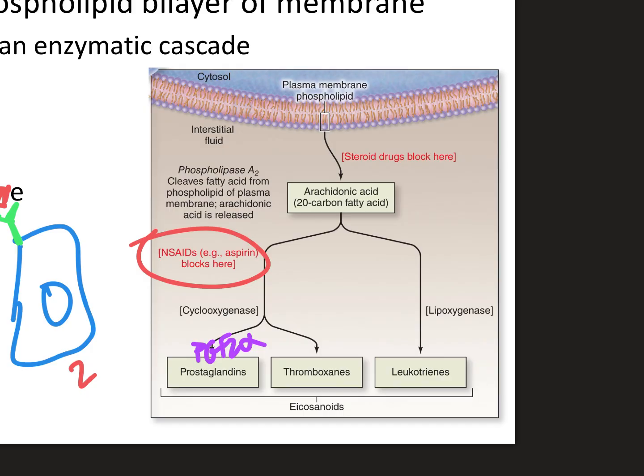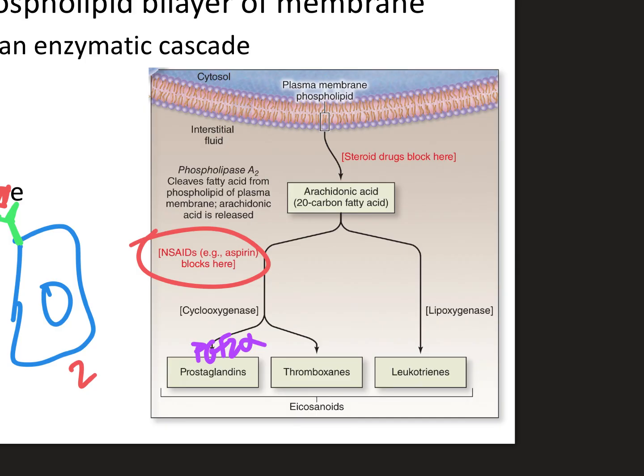Non-steroidal anti-inflammatory drugs like aspirin and Advil are what we call COX inhibitors. Cyclooxygenase is the enzyme that converts arachidonic acid into these lovely things, which are important for inflammation.